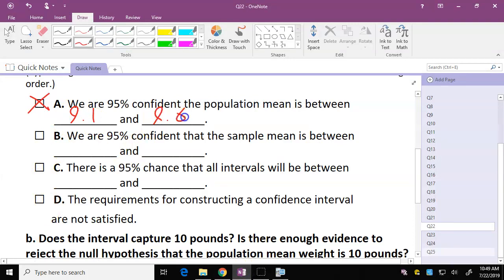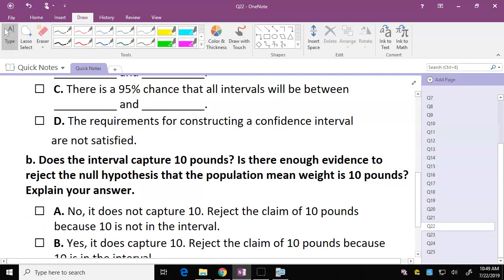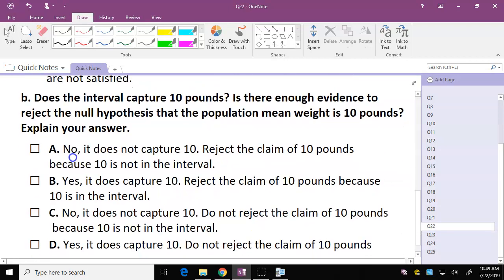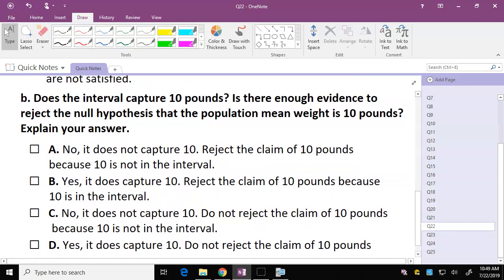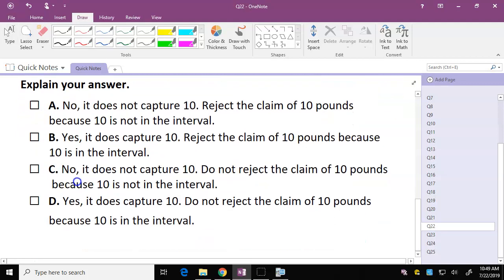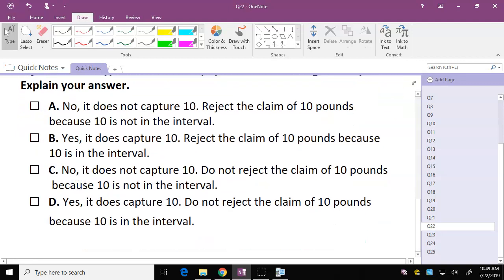Does this interval capture 10 pounds? Is there enough evidence to reject the null hypothesis that the population mean weight is 10 pounds? Does it capture the 10?